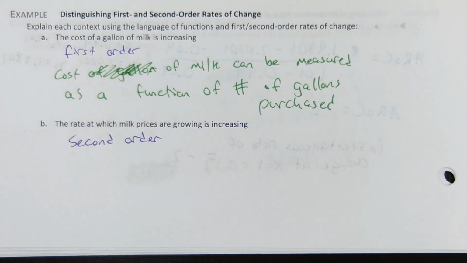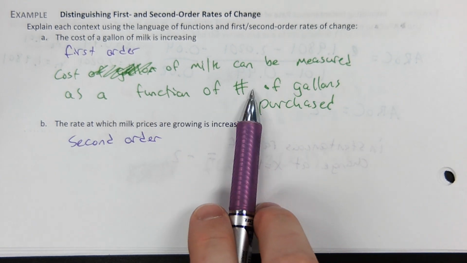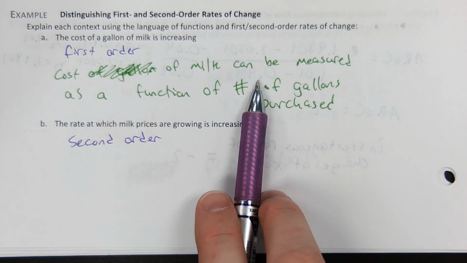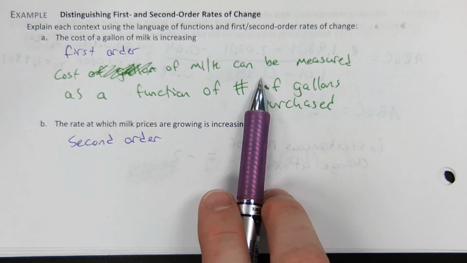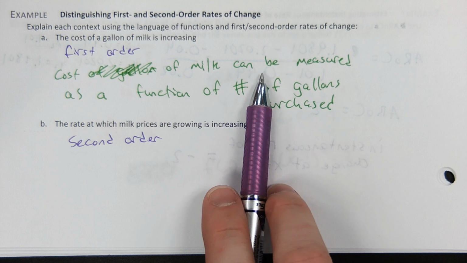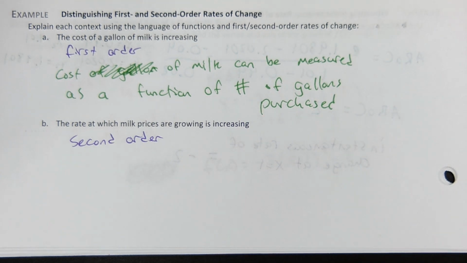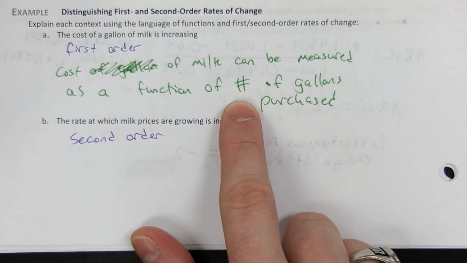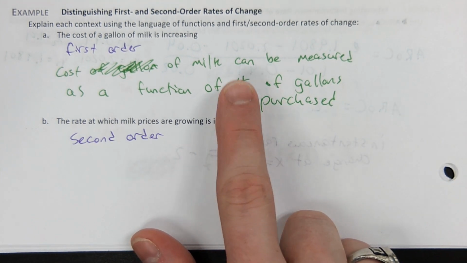And the reason why we know it's a second order rate of change is because we can talk about the slopes of this graph's secant lines. The slopes of this graph's secant lines are getting steeper and steeper over time, which means the average rates of change are increasing over time.